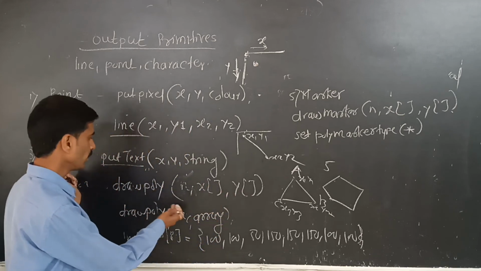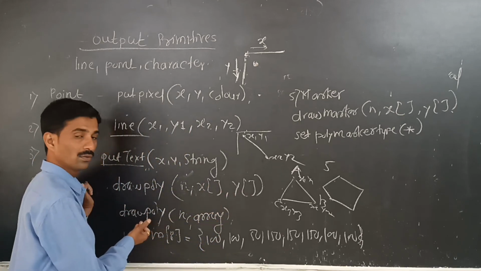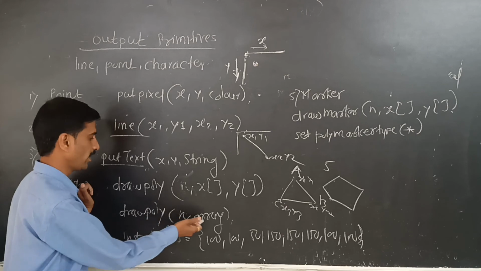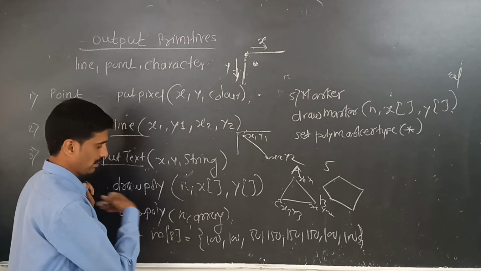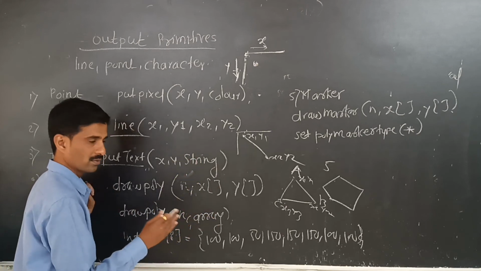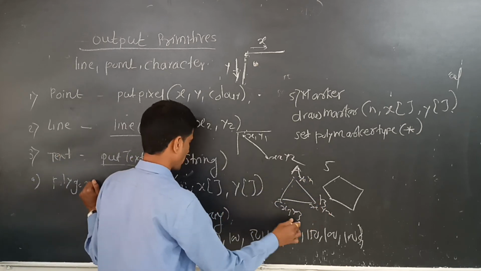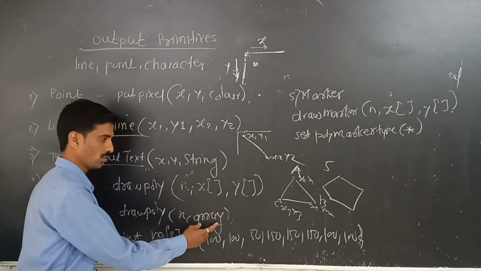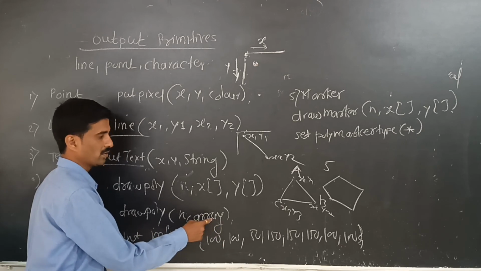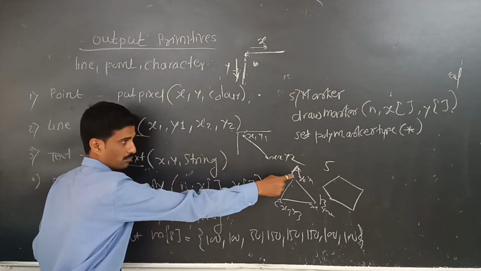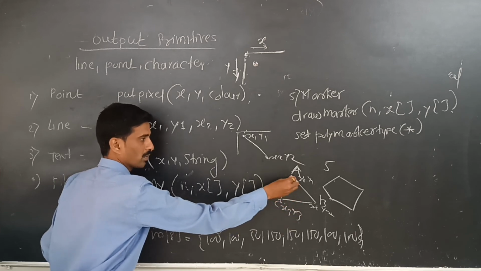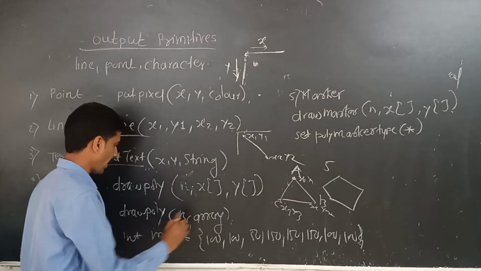Or you can write draw poly n and array, where you take all the points directly in sequence: x, y, x1, y1, x2, y2, x3, y3, like this. Again the last point in this array will be the same as the first, so the first point is repeated.